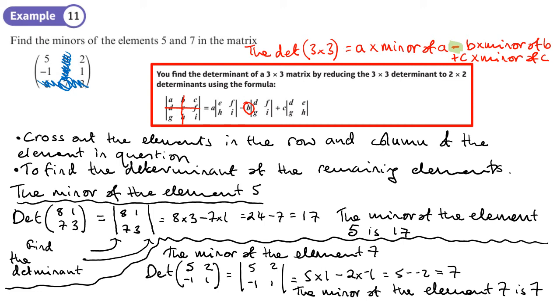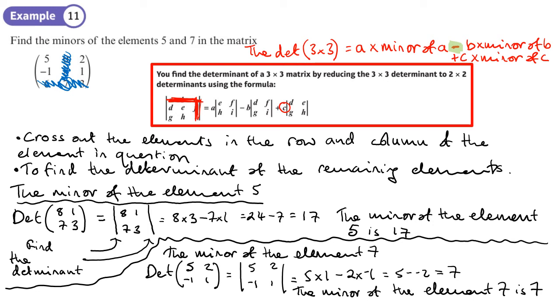D, F. No, it's not. I've just crossed out the wrong row. Top row. So it is right. I'm wrong. So cross out those, cross out those. So it is D, F, G, H. And then for C, I do the same thing. So C, cross out all the elements in its row and column, and then we find the determinant of that and we multiply it by element C.